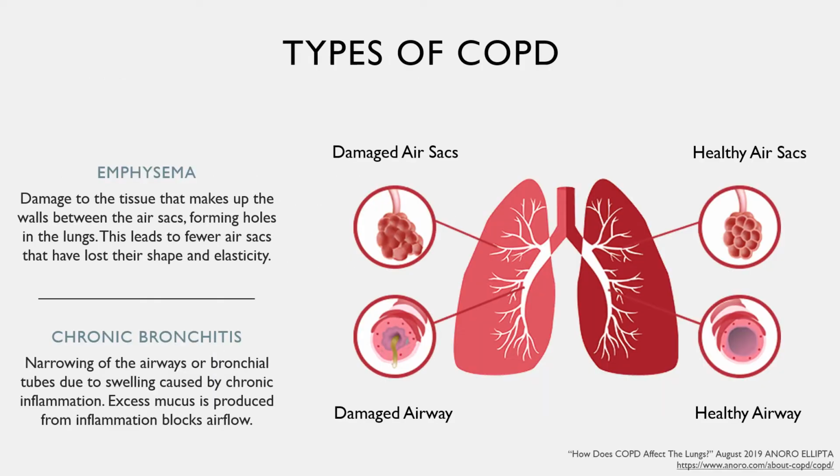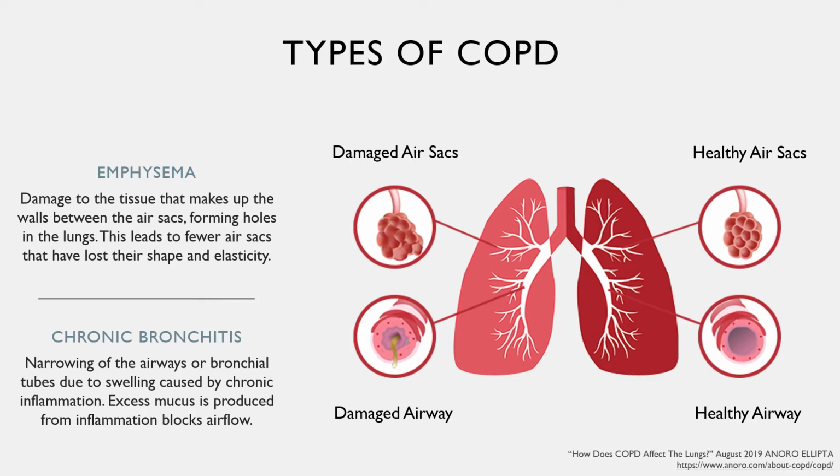The two main conditions associated with COPD are emphysema and chronic bronchitis. Most people suffering from COPD have a combination of the two conditions. Emphysema refers to the damage that has occurred to the tissue that makes up the walls between the air sacs.